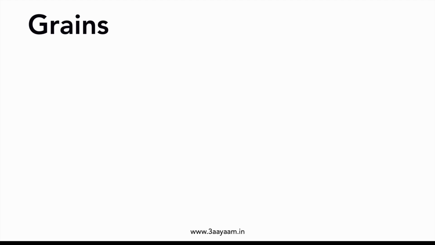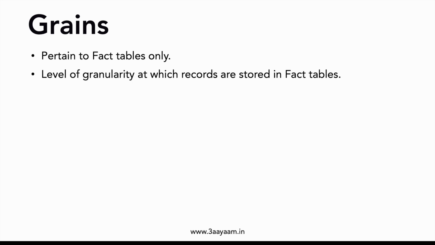So what is a grain? First of all, grains pertain to fact tables only. We do not define grains at dimension tables. So define grain at the fact table, and it basically defines the level of granularity at which the records are stored in fact tables.